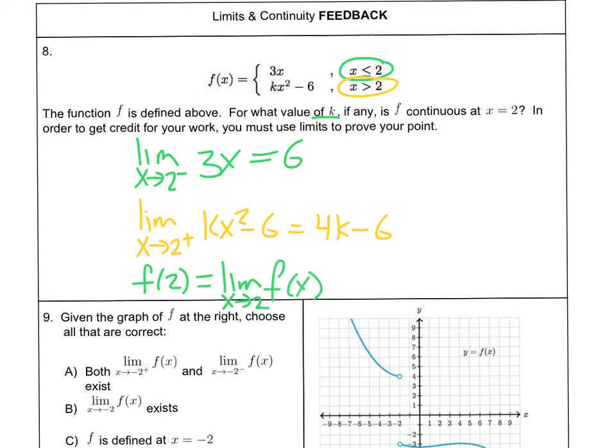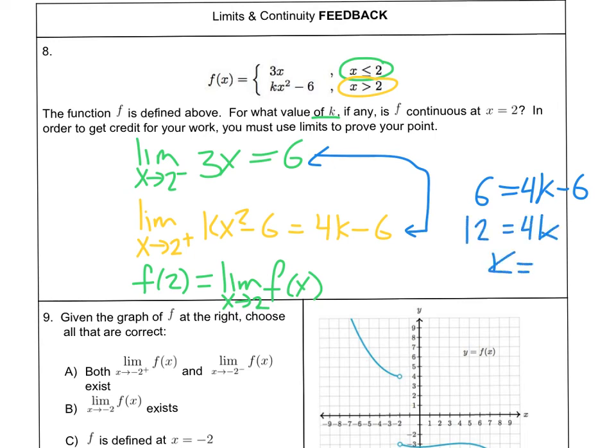So the limit has to exist, and for that to be true, the two limits that we just found must be equal. So 6 must be equal to 4k minus 6. We're going to add 6 to both sides. We get 12, and that means that k is going to be 3.